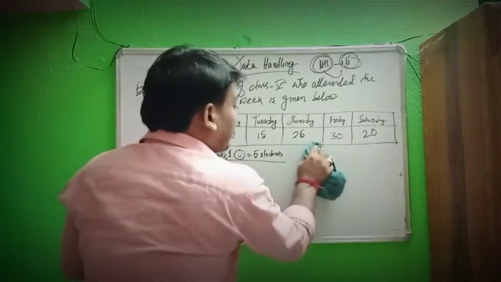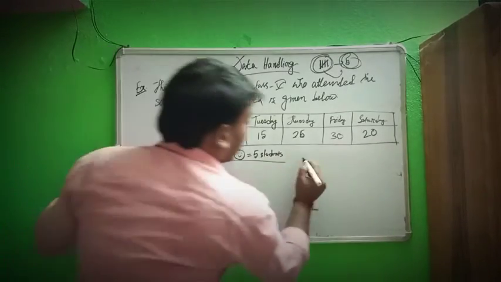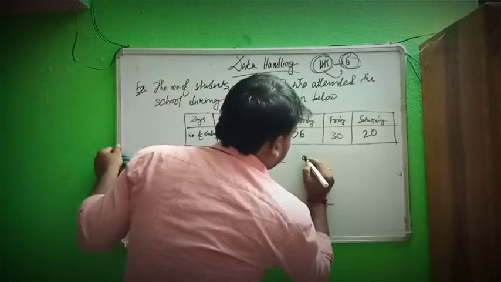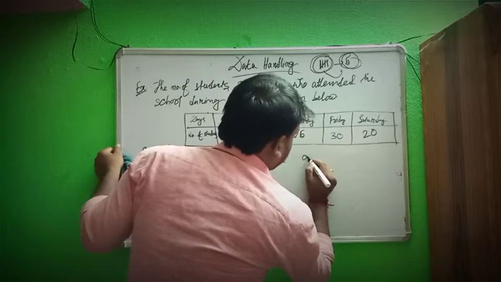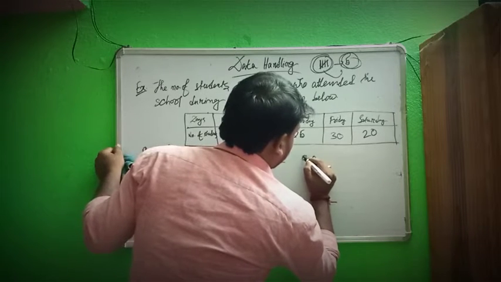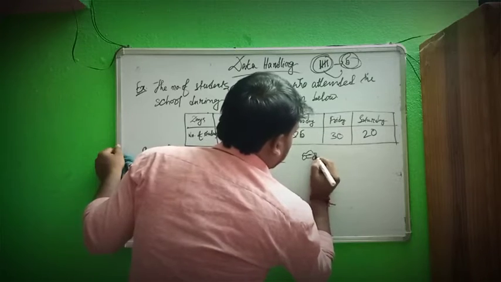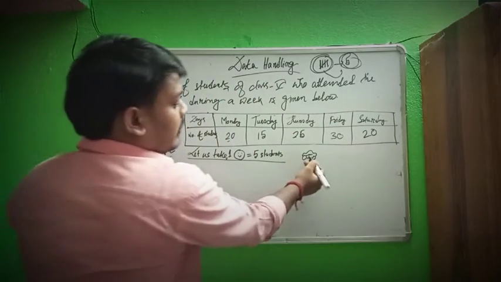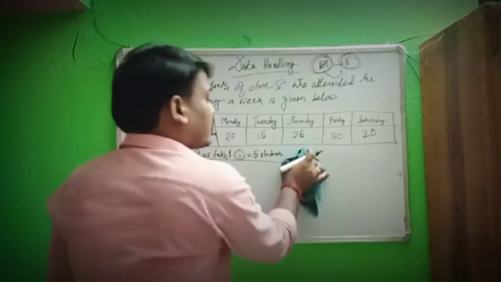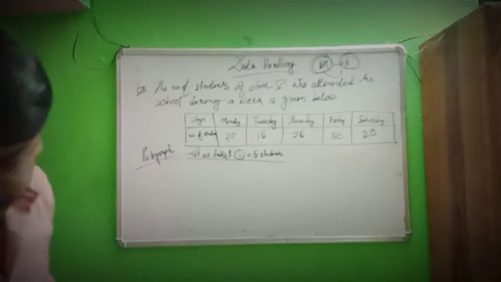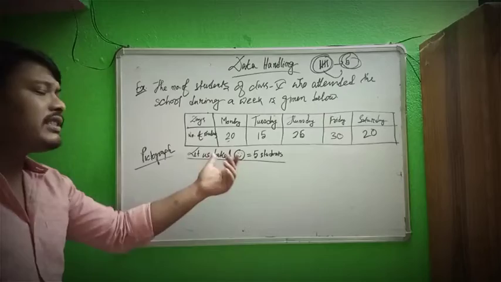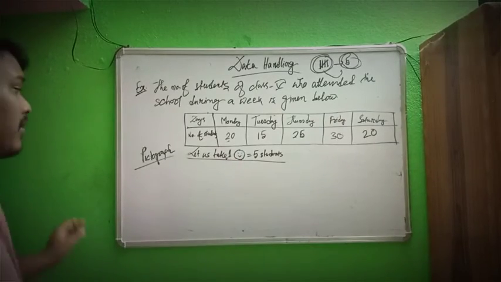When the number of cards is given, then you can take the picture in this way. This one equals 5 cards. So which type of picture you take depends on you.